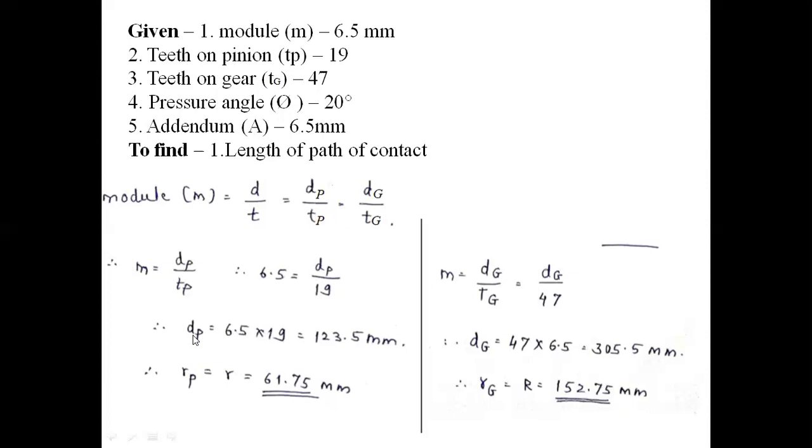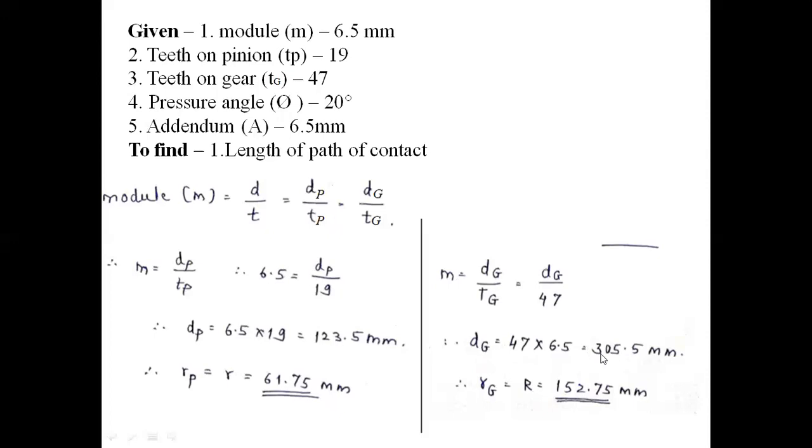When the diameter of the pinion is 123.5, the radius of the pinion will be half of this, which is 61.75 mm. This is the radius of the pinion. For this we are using small r, the pitch circle radius of the pinion, and for the pitch circle radius of the gear we are using capital R. So module is equal to dg divided by the number of teeth on the gear, 47.